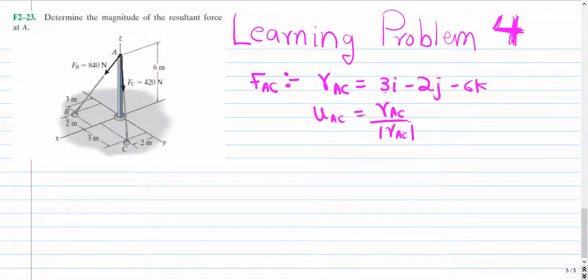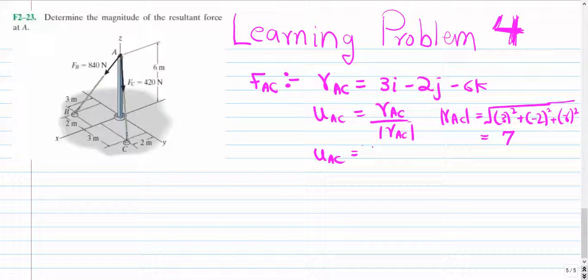So first we need to find the magnitude for this length vector. Its magnitude is going to be under root 3 squared plus 2 squared plus 6 squared, and we get 7 meters. Now that we have the magnitude and the position vector, we can find the unit vector, 3i minus 2j minus 6k divided by 7. So this is the unit vector from A to B.